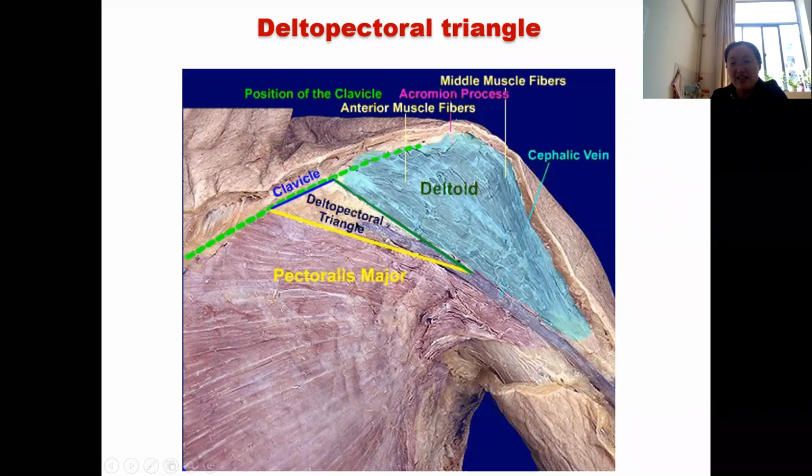The superficial vein of the upper limb, the cephalic vein, penetrates this region and then drains into the axillary vein. So this is the deltopectoral region. Okay.